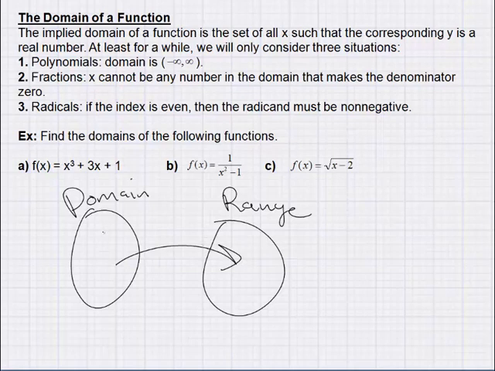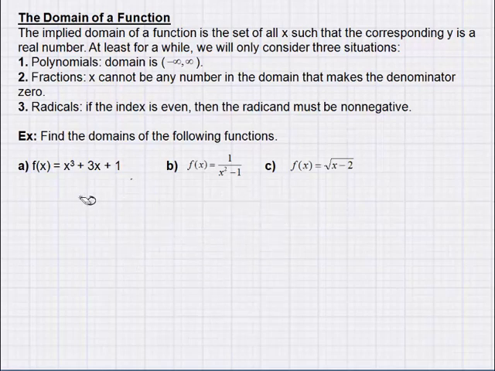And if a value doesn't give me an answer when I plug it into a function, I don't want it in my domain. So the domain is the set of all values that go somewhere, essentially. So different types of functions have different domains.